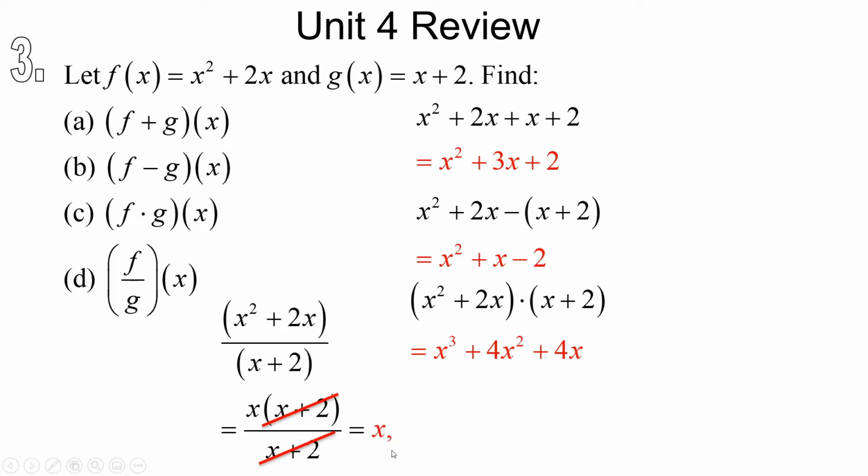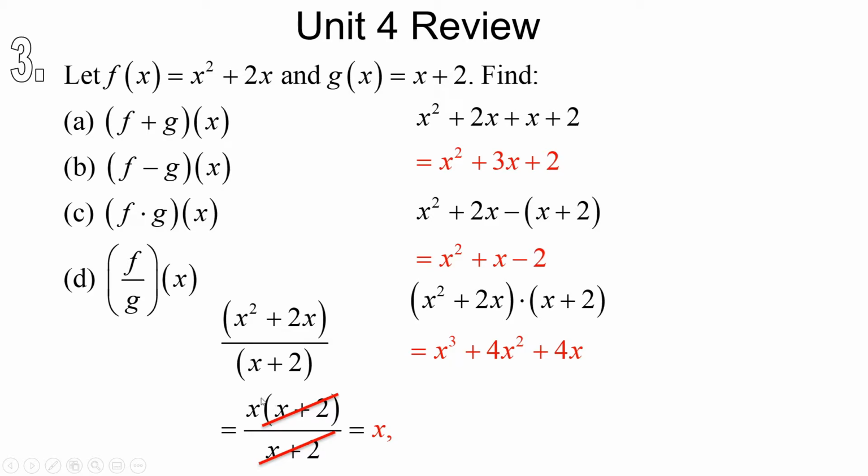But now, do you notice the comma right here? When you are dividing functions, usually you have a domain restriction, because what number can we not divide by? We can't divide by 0. Now, x looks like it's defined for all real numbers, right? But you've got to go back to your initial substitution before you simplified. Do you see that there's an x plus 2 in your divisor?